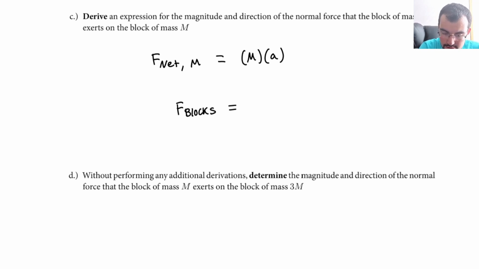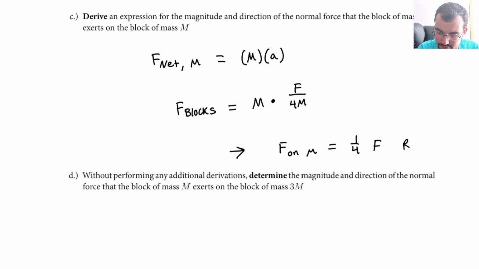So it would be m times the acceleration of the system, which we said was F divided by 4m. So the force on the block 1m would just be 1/4 F, and this is directed to the right.